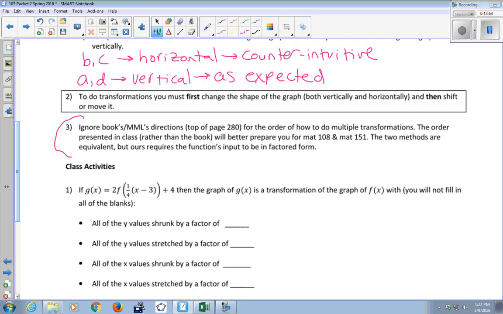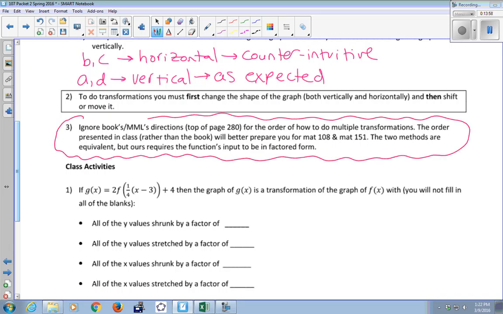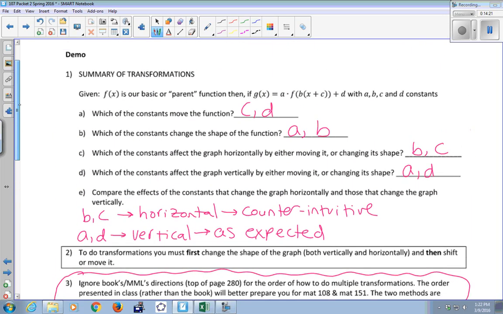Be careful. Your book gives you a different rule for how to do the order of transformations. Ignore your book / MyMathLab's directions for the order of how to do multiple transformations. The order presented in class that we just talked about will better prepare you for Math 108 and Math 151 than your book's method. The 2 methods are completely equivalent, but ours requires the function's input to be in factored form.